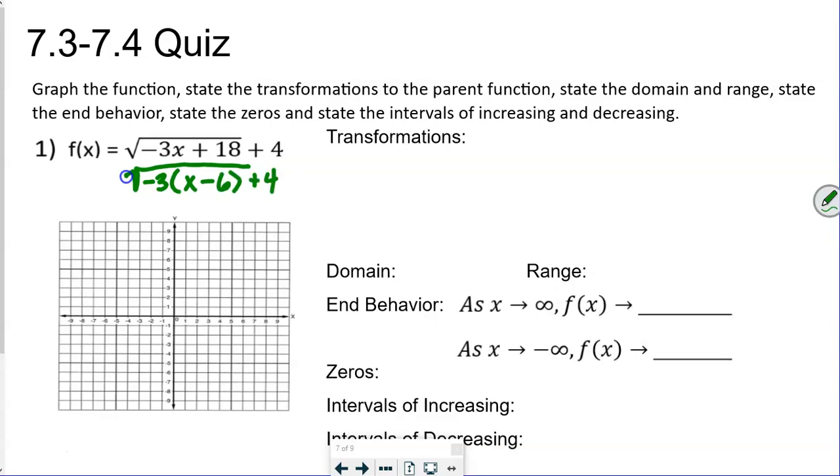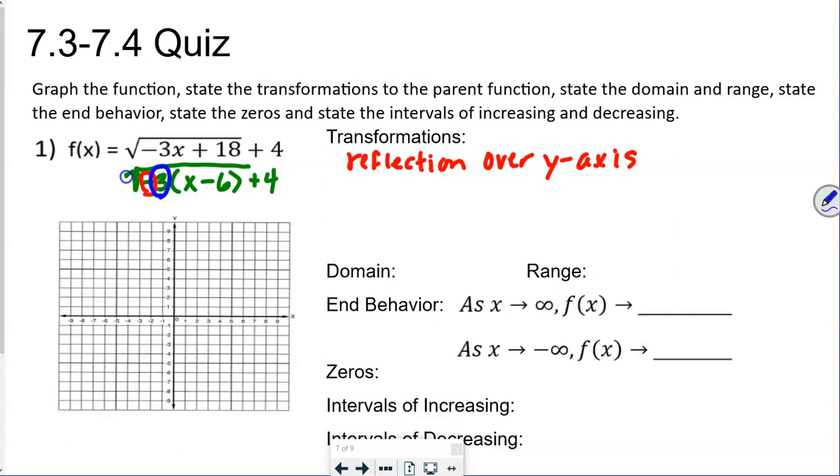So then we're going to talk about what each of these things means. So first of all, this negative right here means we have a reflection, and all of them had a negative underneath that radical. So that's a reflection over the y-axis. Then we need to talk about this 3 right here.